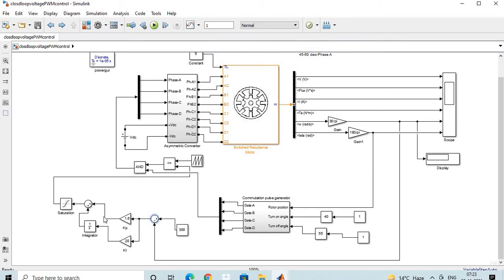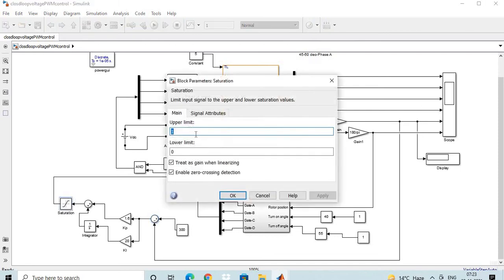The output of the proportional controller and the integral controller with its integration are added in this block. Then there is a saturation limit. Here the upper limit is 1, because the maximum value is 1, and the lower limit is 0.